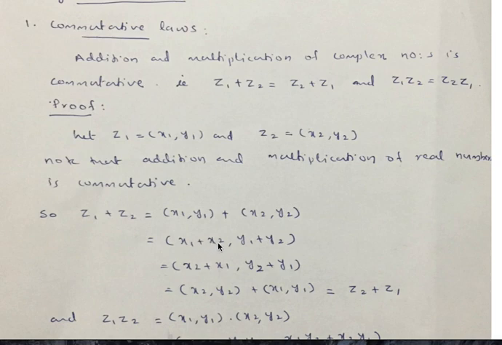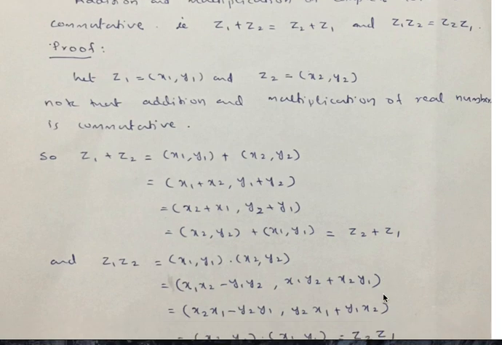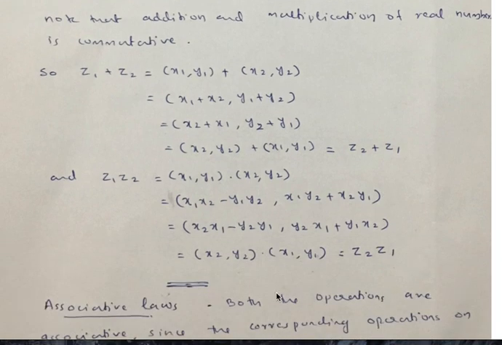So x1 plus x2 is the same as x2 plus x1. So you just change x1 plus x2 to x2 plus x1, and the same thing here. Then when you split it up, you get (x2, y2) plus (x1, y1), which is nothing but z2 plus z1. Similar way you can do multiplication also.